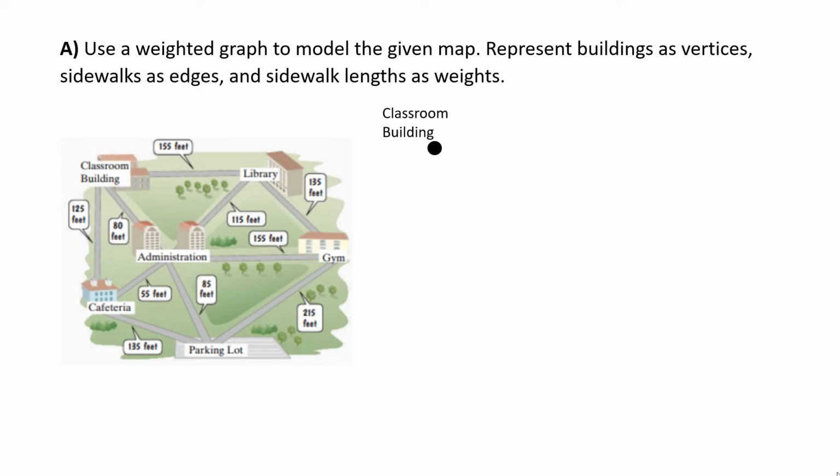Then I'll use a dot to denote the library. The next building, administration, denote that with a dot as well. And also the gym. Let's not forget the cafeteria. We'll note that with a vertex. And finally, we'll denote the parking lot.